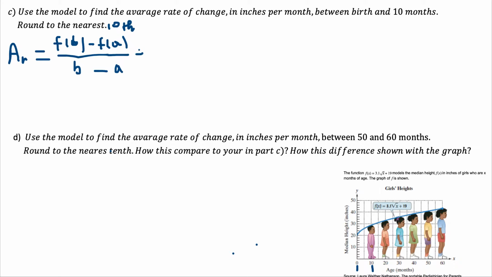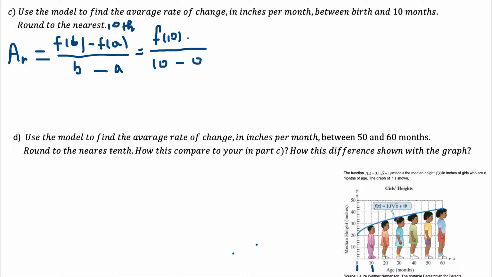In our case, we have to look between birth and 10 months. Birth is 0 and 10 months is here, and we already know that at 0 months they are 19 inches. Now let me plug in these numbers: instead of b, I'm plugging in 10 minus 0, and f of 10 minus f of 0.